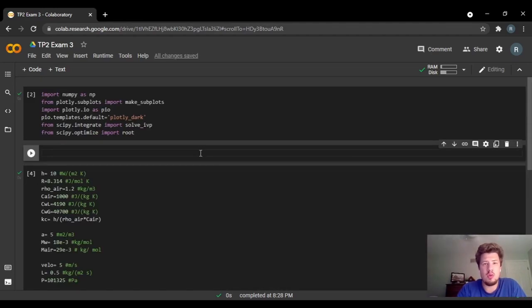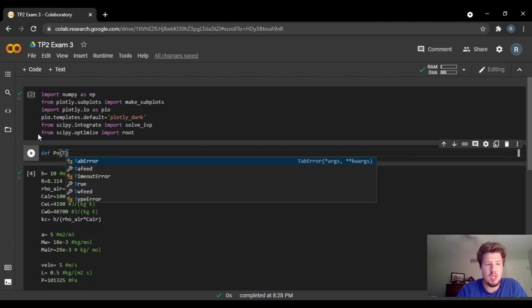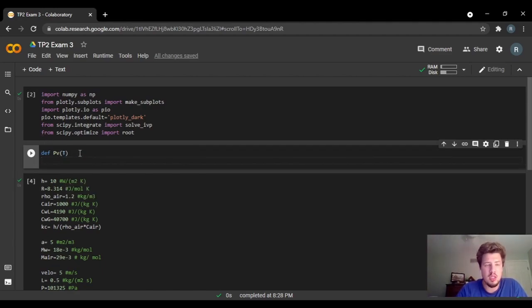So now we need to utilize Antoine's equation for the partial pressures. We're going to define a function for the partial pressure at temperature T, and then we will be utilizing Antoine's equation.